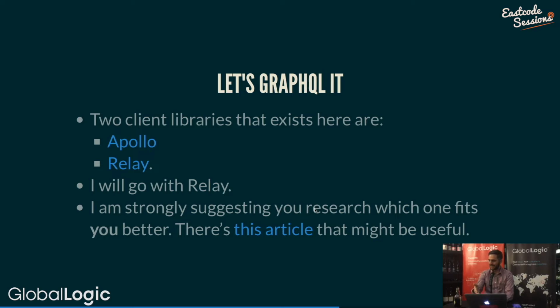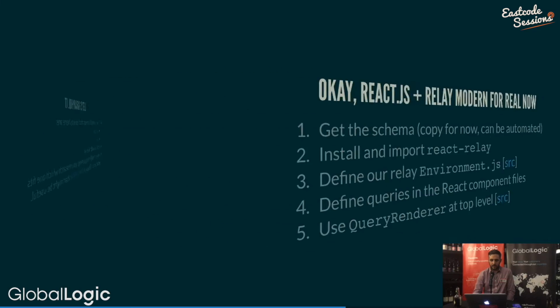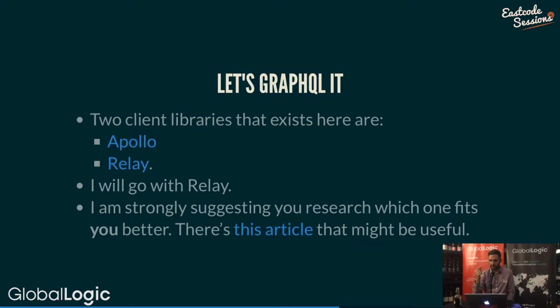You can find this in my GitHub, so you'll get to that article, or if you just Google Relay versus Apollo, it will give you that article of comparison between those two. And also, there's Relay Classic, which is like the first version of Relay, and Relay Modern. The modern one is more modern, so I'm using that, even though honestly we don't have that in production yet.